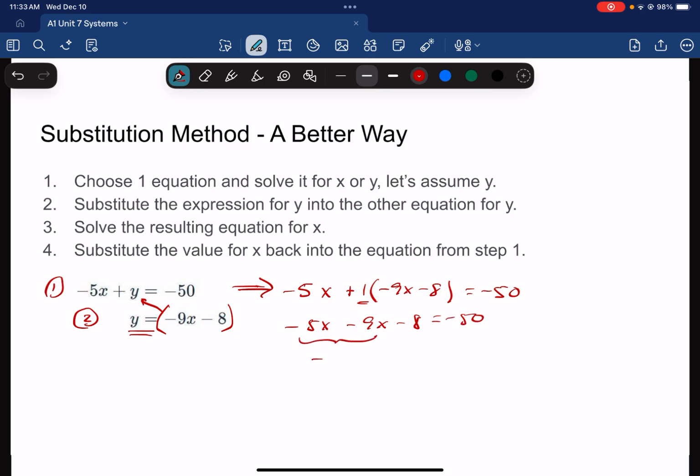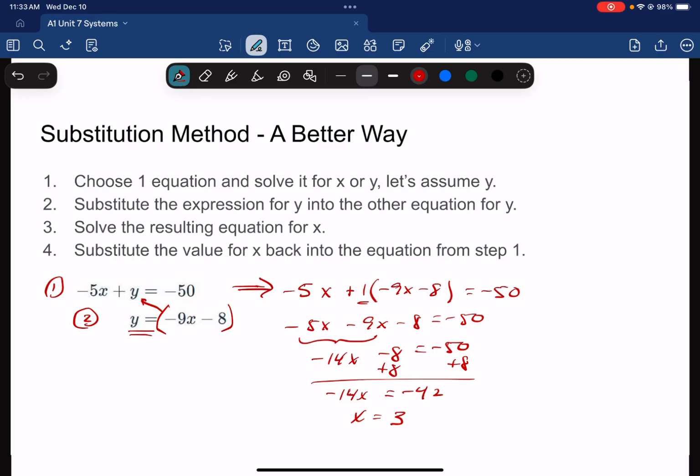Combine like terms. Add 8. Negative 42, I think. Then 3. x is 3.